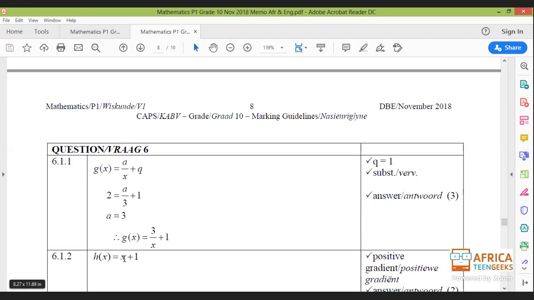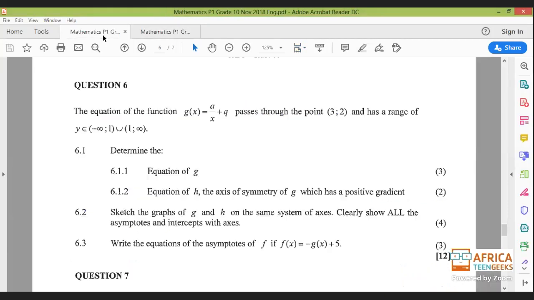So you're just going to say x plus 1 with a positive gradient, because this is sort of like your straight line formula where there's always an invisible 1 here. This can be written as h of x is equal to mx plus 1, basically, right? So here there's an invisible 1 that gives us a positive gradient, basically, guys. It was easy and straightforward, but you're supposed to think.